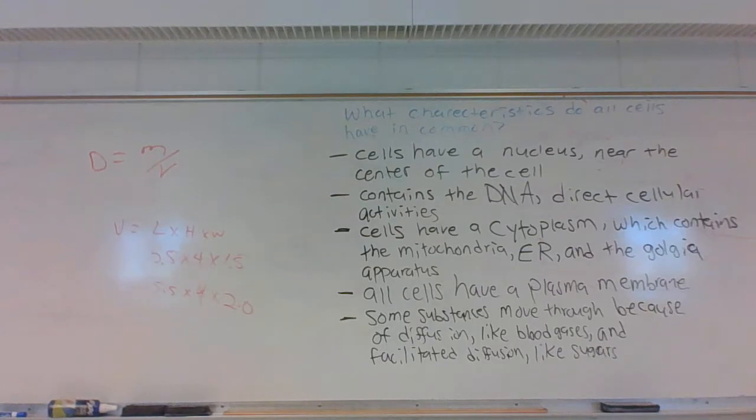So those are the three main characteristics that you really want to know that all cells have in common. The main thing is to say what the nucleus is and what it does. It contains the DNA, it has cytoplasm, and it contains those assorted organelles: the mitochondria, the endoplasmic reticulum, or ER, and finally the Golgi apparatus.